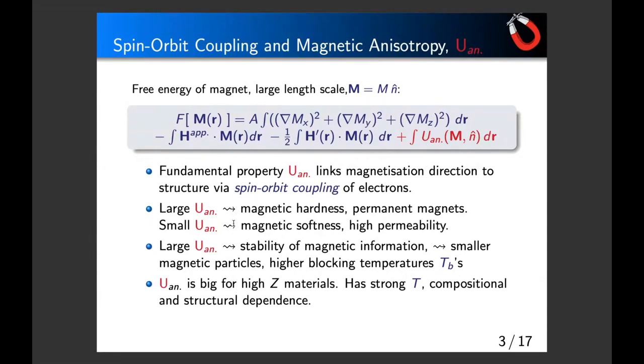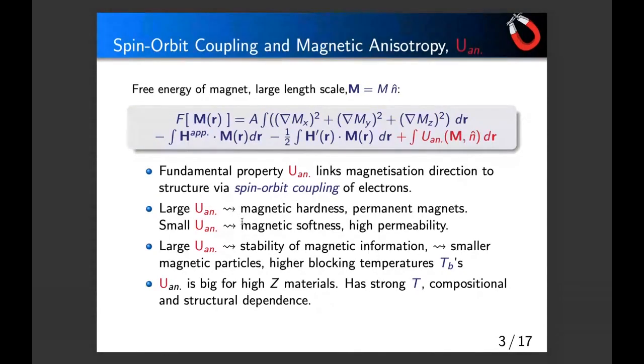If we're looking at stability of magnetic information, if we have smaller magnetic nanoparticles, then you want to preserve the information. So this would be the direction of the magnetization in the particle. Then you want that direction to be stable to stray fields and thermal fluctuations, etc. And you talk about a blocking temperature.